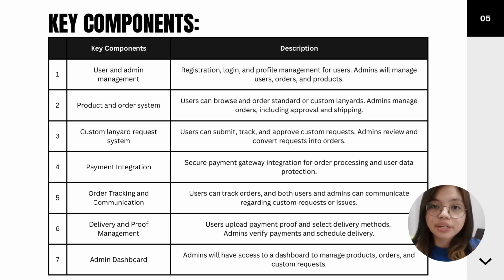Sixth is the delivery and proof management. Users upload proof of payment and select delivery options, while admins verify and schedule deliveries. Lastly, the admin dashboard serves as a control center where administrators manage products, inventory, orders, and custom requests efficiently.